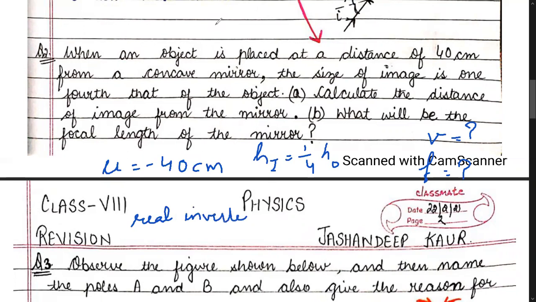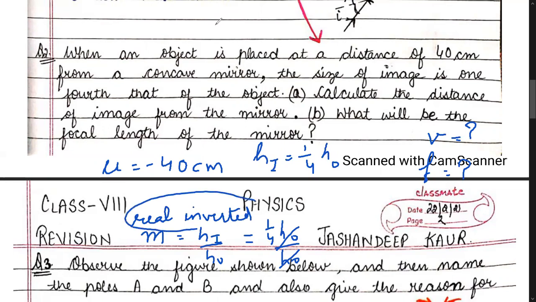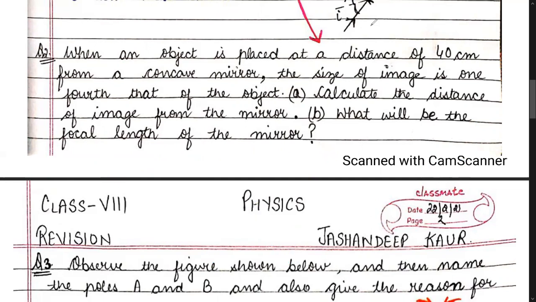So what do we mean by here? We have to first of all find magnification, which is HI by HO, and HI can be written as 1/4 of height of object. So M comes out to be 1/4. But since the image formed is real and inverted, I'll write it as M equals minus 1/4.